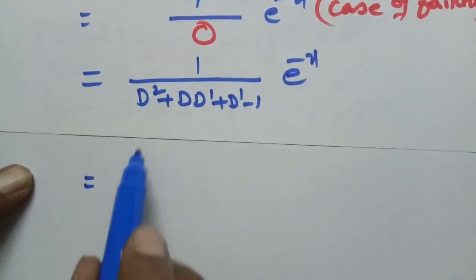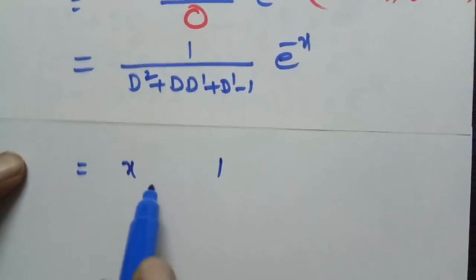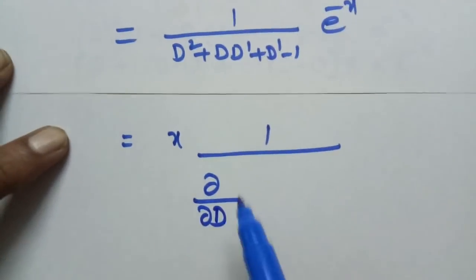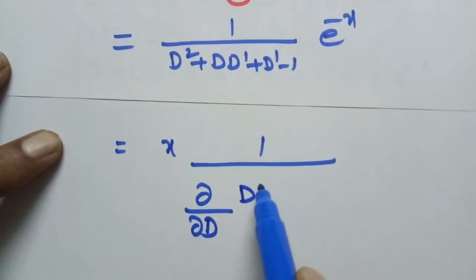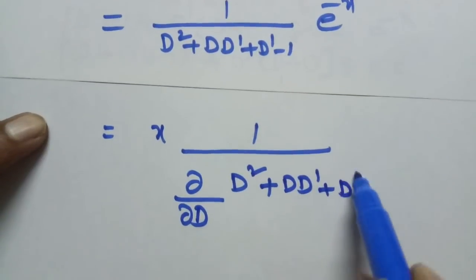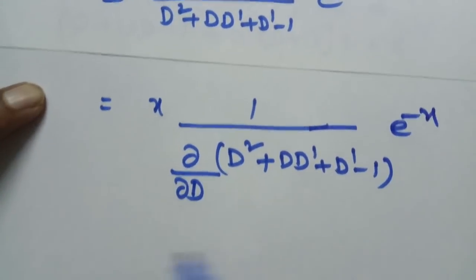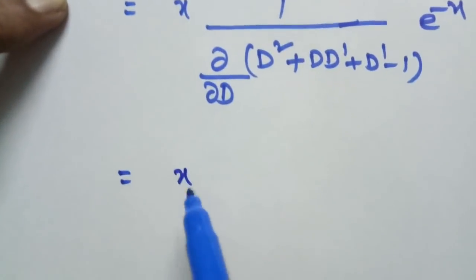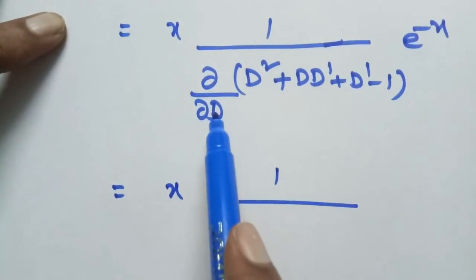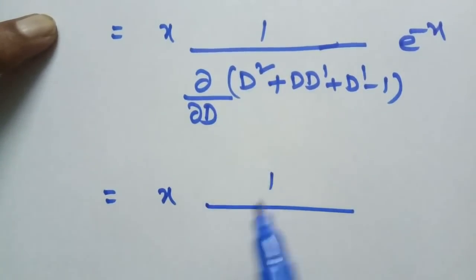That means multiply the numerator by x and partially differentiate the denominator with respect to capital D: D square plus D D dash plus D dash minus 1, into e power minus x. Therefore, x into 1 by partially differentiating D square with respect to capital D, therefore 2D.